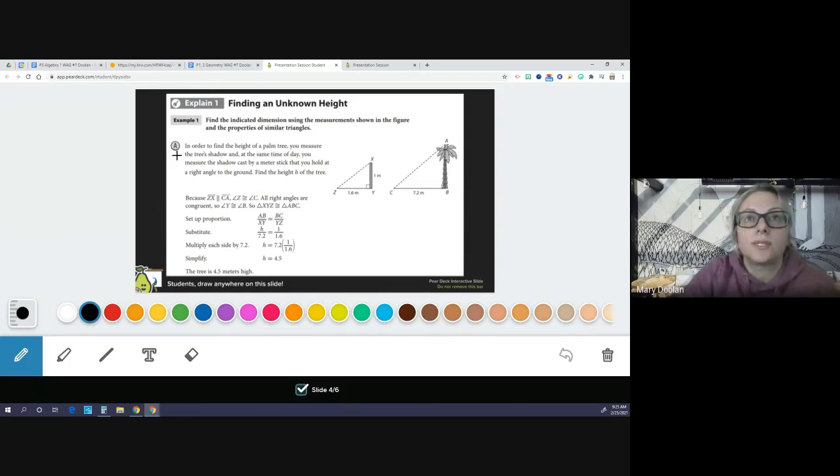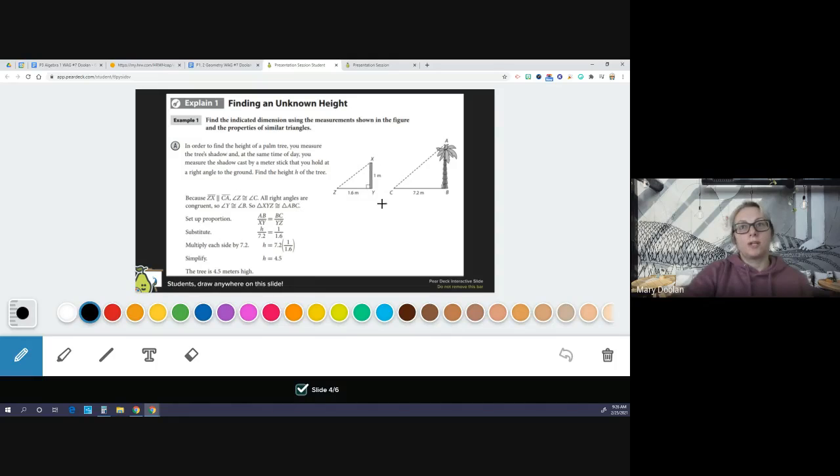For this first one, it says in order to find the height of a palm tree, which would be difficult, you measure the tree's shadow, which is something you can do because that's along the ground. And at the same time of day, you measure the shadow cast by a meter stick or some other thing, and you hold it at a right angle to the ground. It doesn't have to be a meter stick, but in this case, we're using a meter stick.